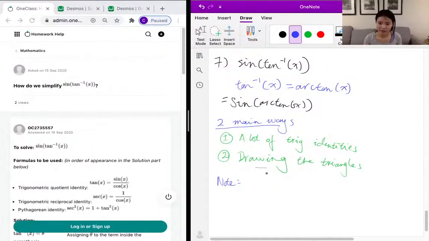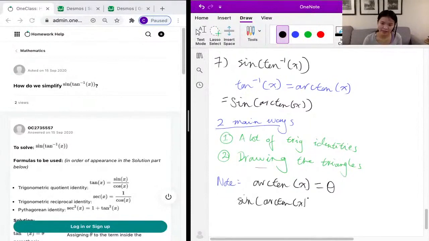So we know that arctangent of x is actually equal to an angle, which means that sine of arctangent of x is actually sine of an angle. So let me say sine of arctangent of x is equal to sine of an angle theta here.